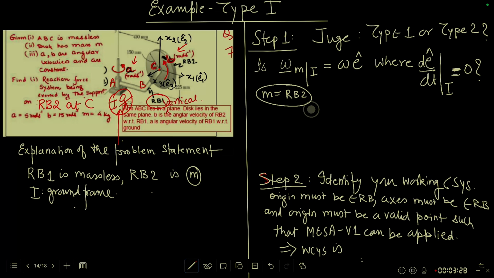Okay. Now I have written a comment here to help you visualize. Arm ABC lies entirely in a vertical plane. And that vertical plane in which ABC lies is of course rotating with angular velocity A as marked.